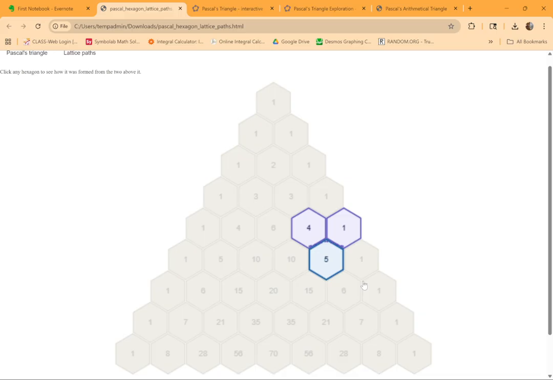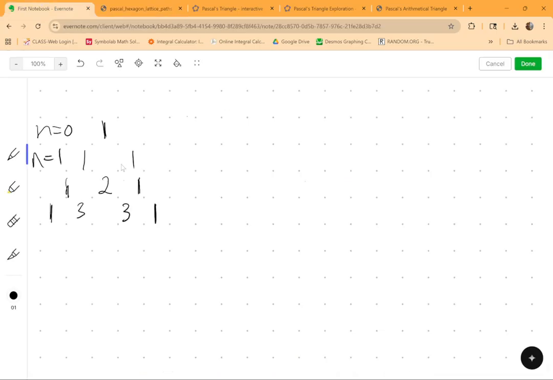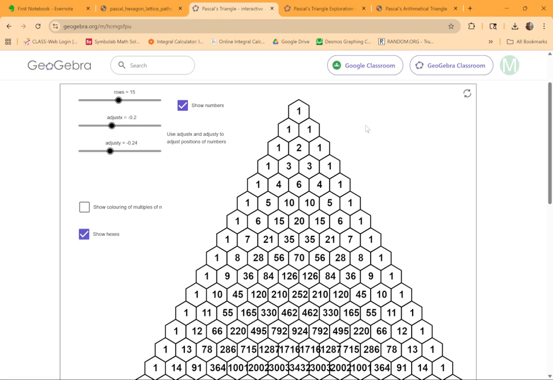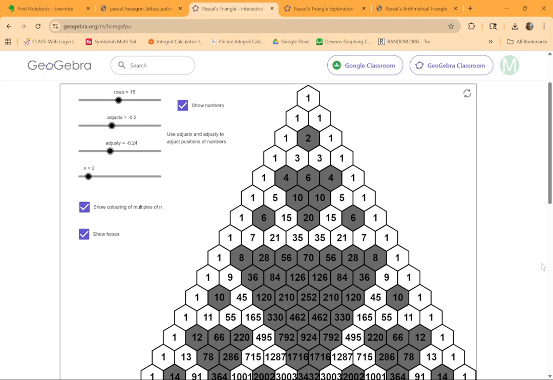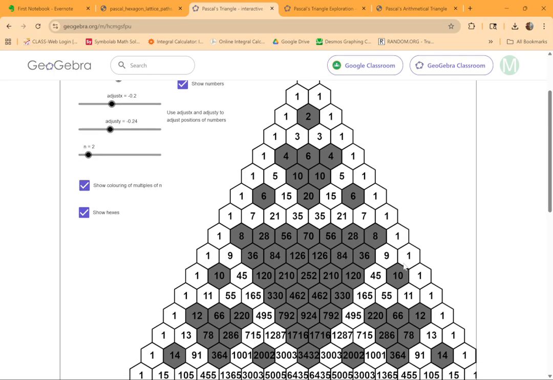Now this triangle was created very basically. It's an infinite triangle, really. You can just keep going on and on, adding rows by increasing the elements by exactly 1 at each row. But as it turns out, doing something like this provides a variety of patterns that show up. Here, what's highlighted is just the multiples of 2.